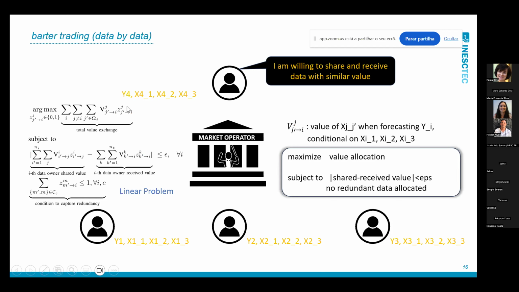This is the variable that we have to optimize. It will be 0 or 1, allocate or not this value. Then we have the restrictions to ensure fair exchange. We also need restrictions to capture redundancy between features, because we can have two relevant features that are strongly correlated, and if we select one of them, we should not select the other one.